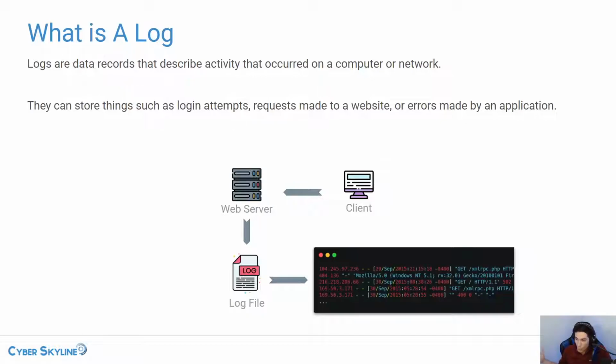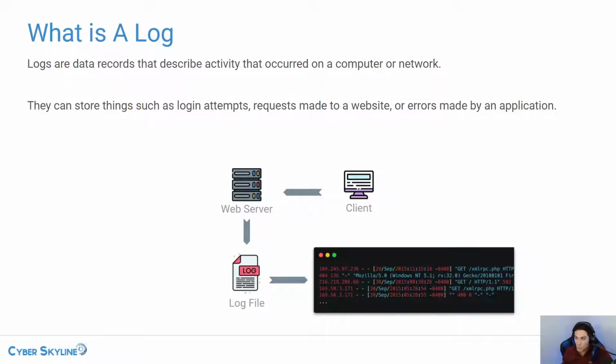All of those logs collectively are what an organization can use to identify what is happening on their computer network. When something goes wrong, they can figure out what happened. Another example of a log might be an error made in an application. What you can see here with this graphical representation is an example of logging that occurs on a website. You have people who have a browser client who are accessing your web server.